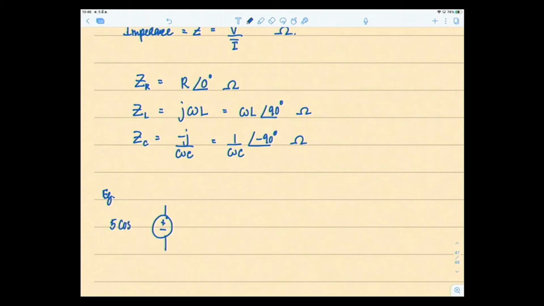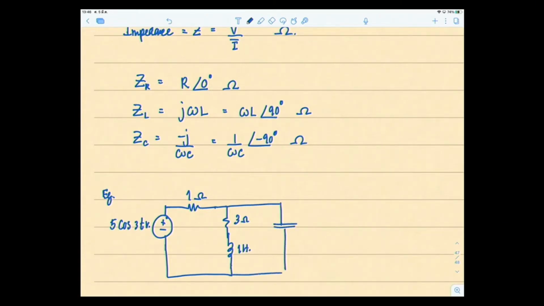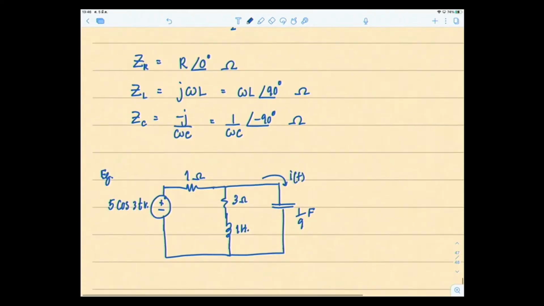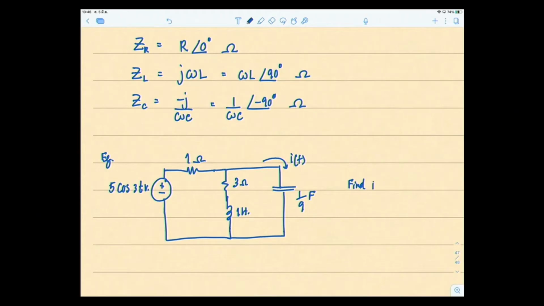The voltage source is 5 cos 3t volts, with a 1 ohm resistor, a 3 ohm resistor, a 1 Henry inductor, and a 1/9 Farad capacitor, and we want to find the current I. So find i(t) at steady state.